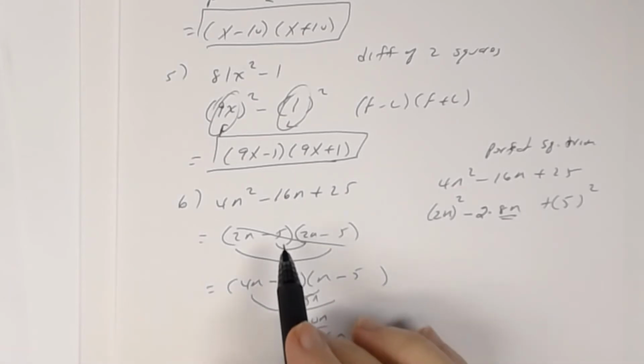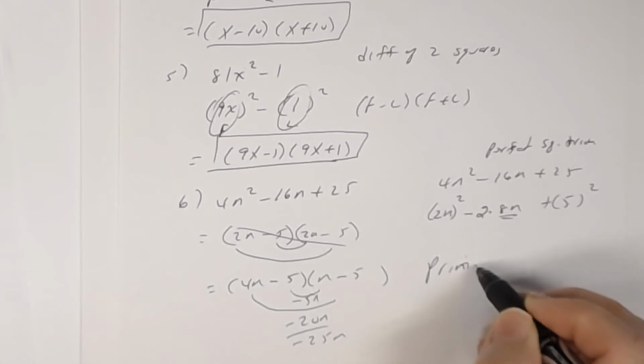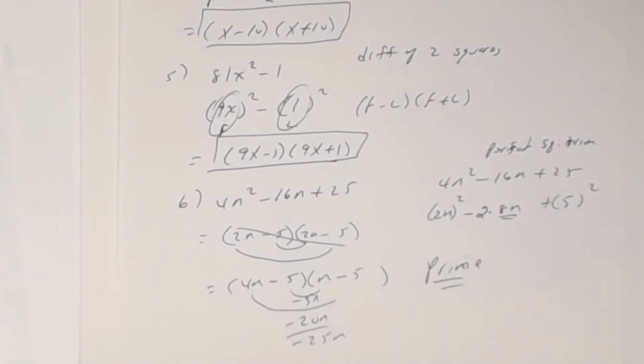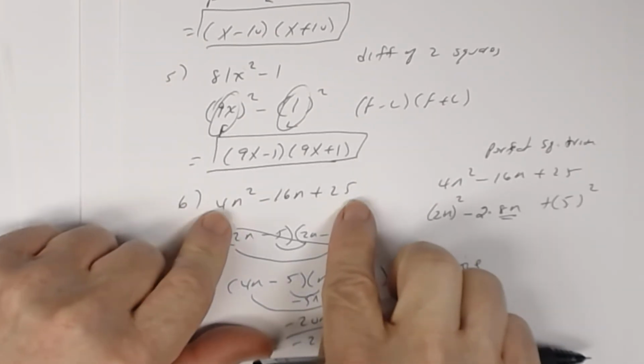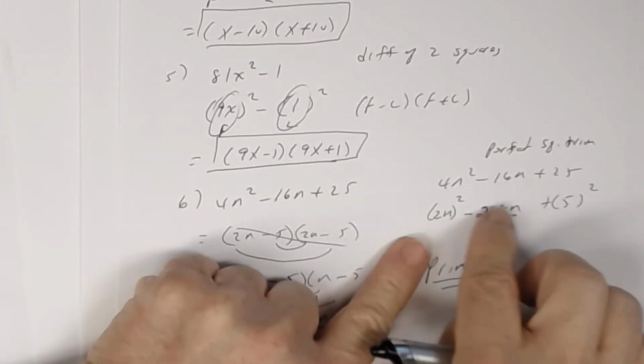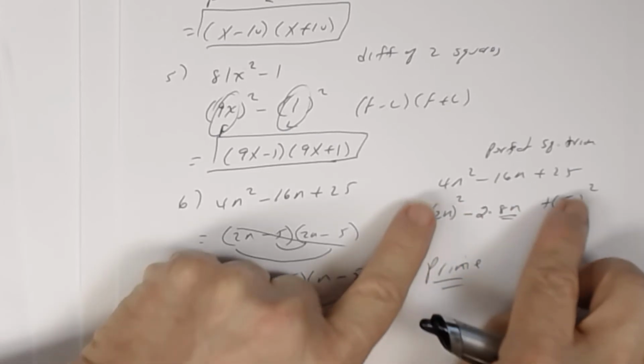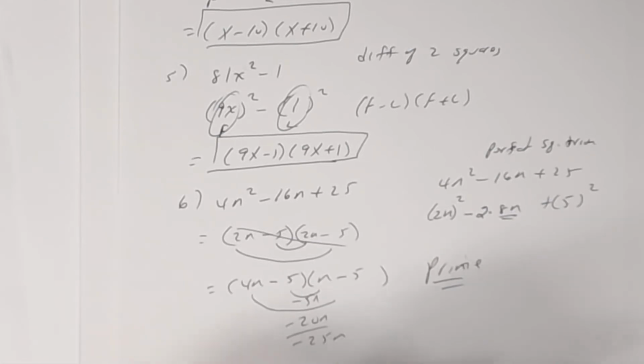So what you notice in number 6 is that it is prime. You cannot factor it. It's not a perfect square trinomial, even though the outer terms you can write as something squared. The problem is that this negative 16n has no relationship with these terms.